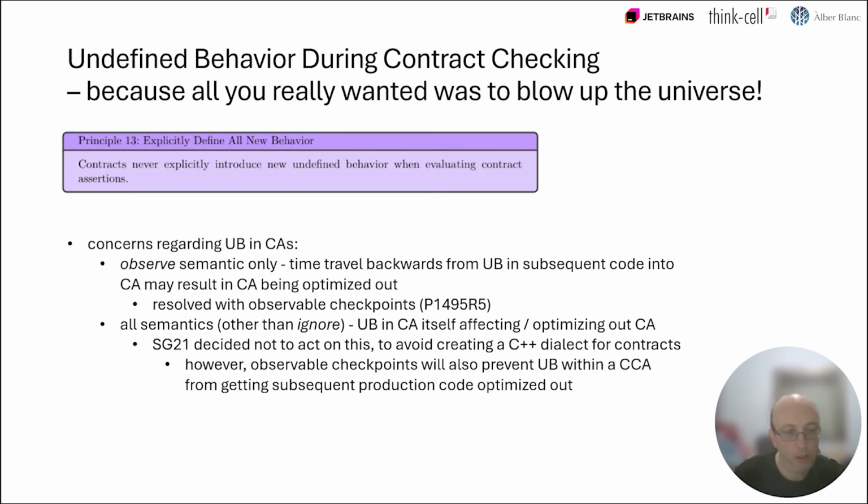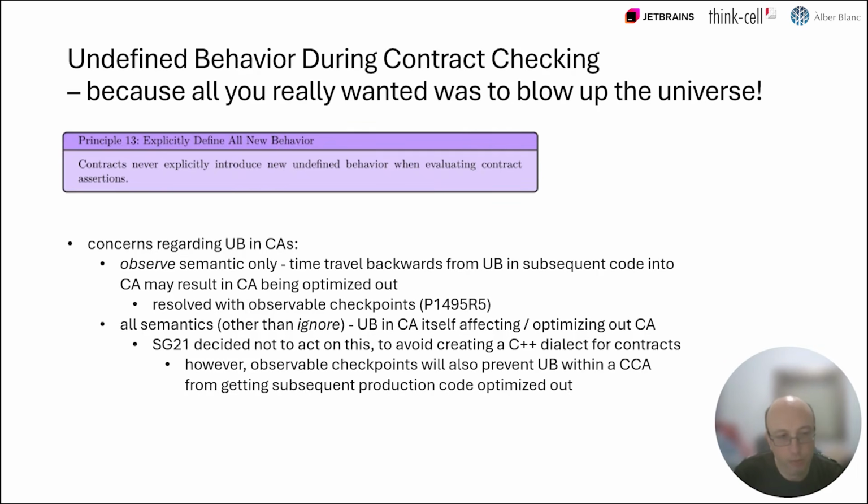First of all, this relates only to observed semantic, because observed semantic on the one hand does evaluate the contract. On the other hand, it's not terminating semantic, so the following code may be executed after a failed contract evaluation.